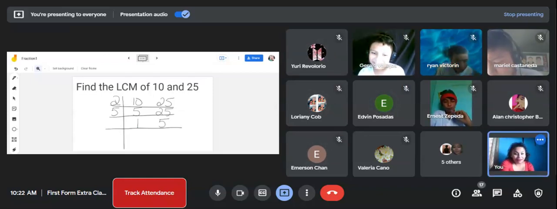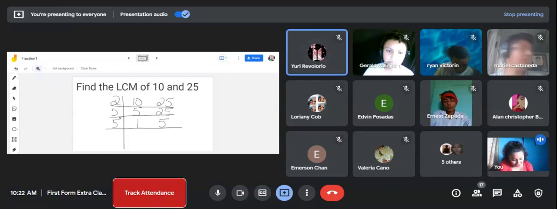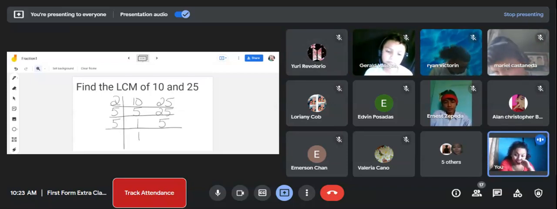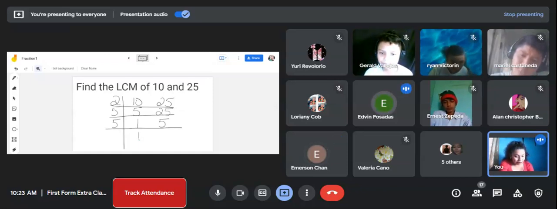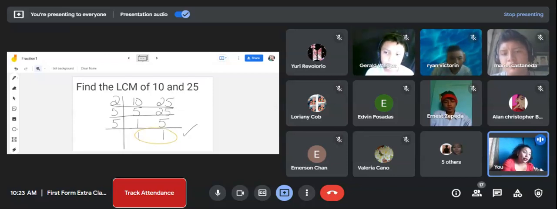Now, you can use 5 again. Very good. The 1 doesn't matter because I already finished with the 1. 5 into 5? 1. And this is what you want to have here at the bottom, that these two end up being 1. Once those two are 1, then you know that you are finished with the LCM.